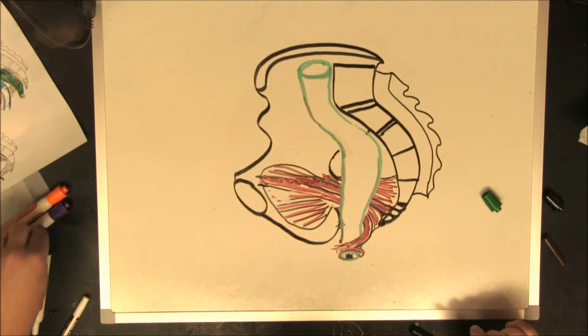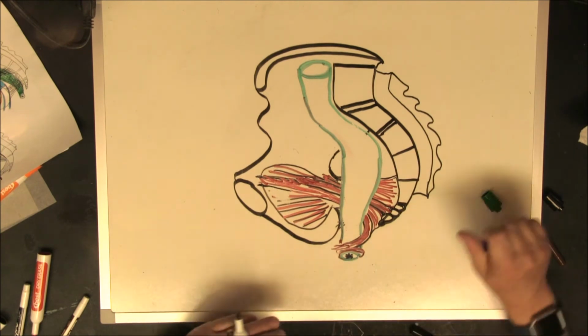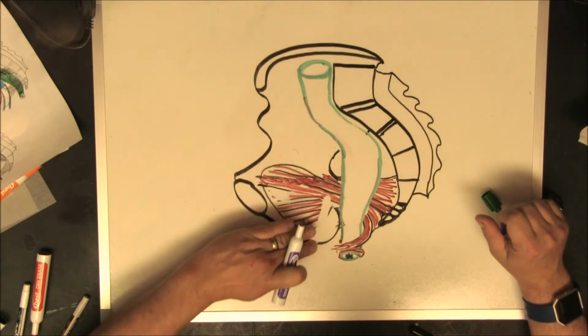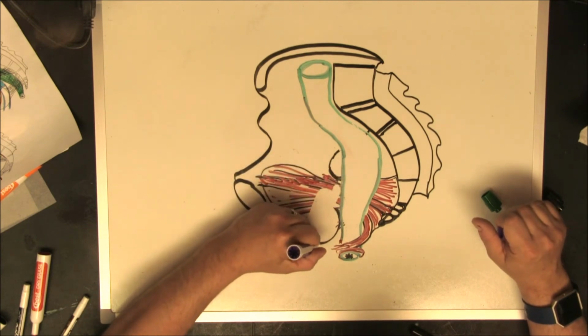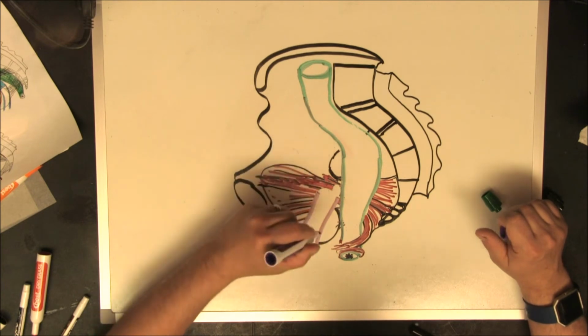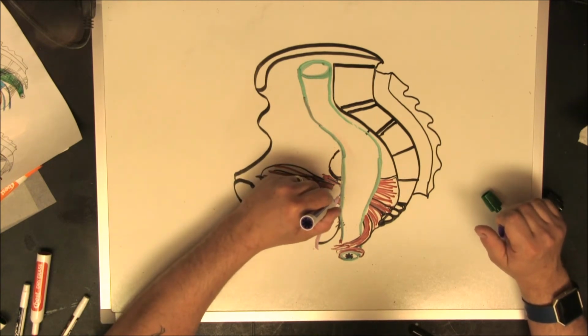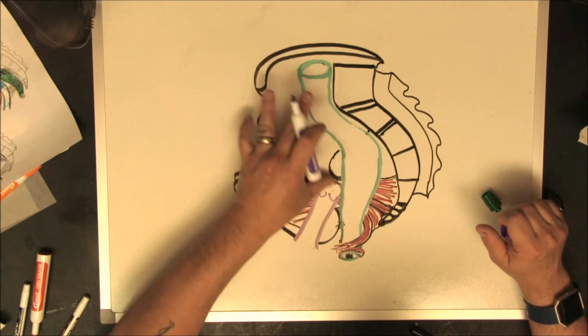Next up, if we are female, we're going to have the vagina and uterus. And here, I'm just going to draw those in this area right here. So we'll have the vaginal wall coming up. Then here, the vagina meets the uterus at the cervix. So we're going to draw the cervix in.